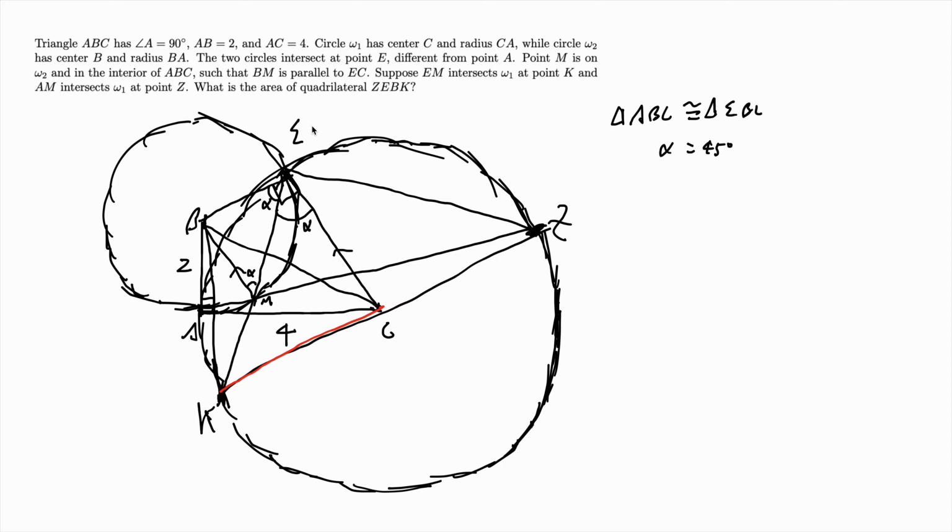So by looking at KEC, we know that this part with the red segment is also alpha, and that's because of the isosceles triangle, meaning this angle right here is a right angle. Therefore, it suffices to show that CZ is perpendicular to EC. Then automatically, KC and CZ will form a straight line.